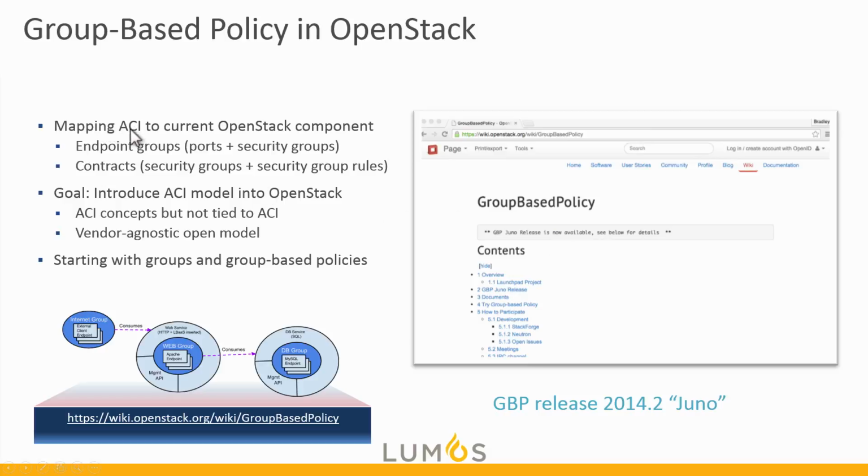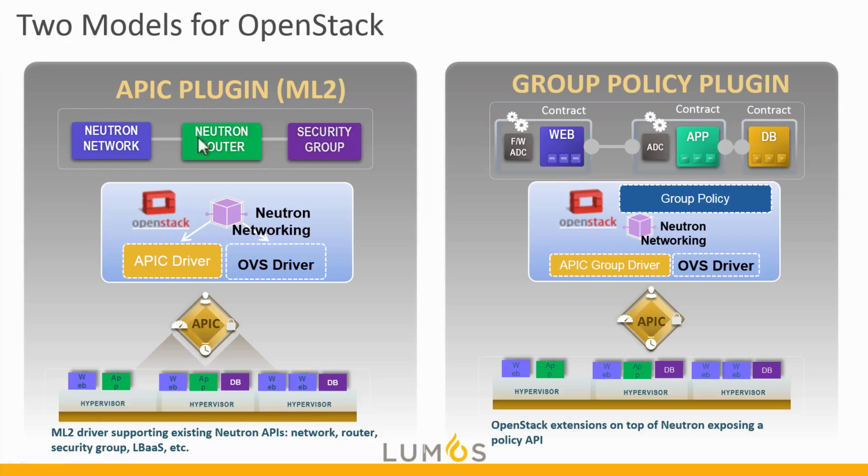So this maps ACI to current OpenStack components. Endpoint groups can create ports and security groups, or really ports and security groups in OpenStack create endpoint groups. And in OpenStack, security groups and security group rules create contracts in ACI. Whereas previously, with the APIC plugin, all security was done on the hypervisor with iptables itself.